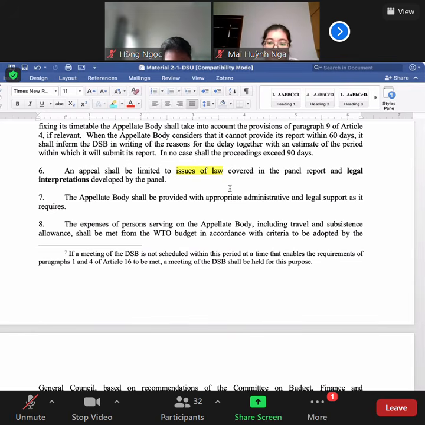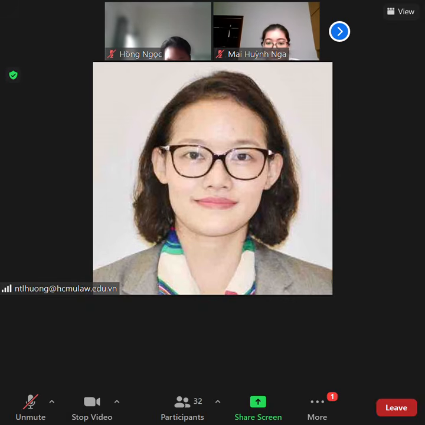Did the lower body give insufficient explanations or interpretations of the WTO rules? So this is the second chance provided for the members to reconsider the examination on WTO law only. This is the thing you need to keep in mind. And maybe we come back to the slide.